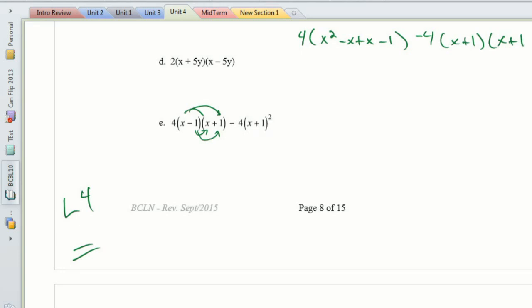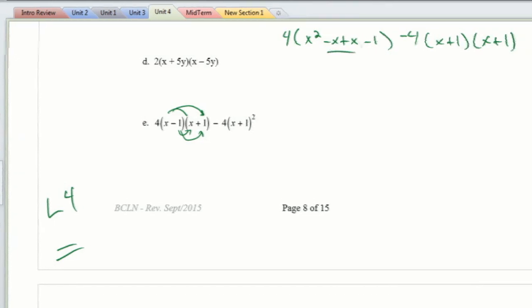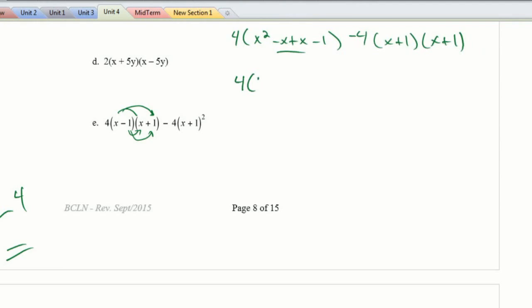Something squared, I can write it out twice and multiply it. I'll simplify the x's in the middle, so I get 4 times x squared minus 1. And then I'm going to have negative 4 times x squared, foiling these guys now. X squared plus 2x. I guess I should do it in 2 steps.